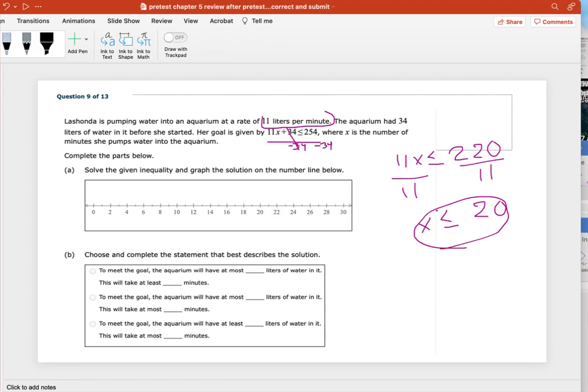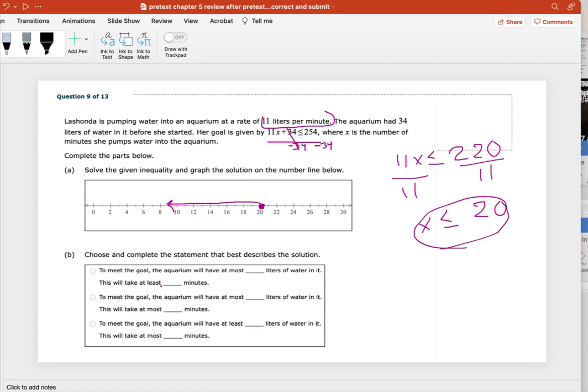And now, since it's less than or equal to, the equal makes us have a solid circle, closed-in circle, on 20, and then it's less than, so it's going off to the left. Now, it says choose and complete the statement that best describes the solution.